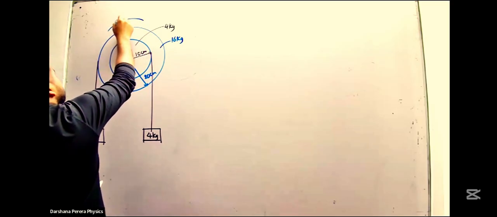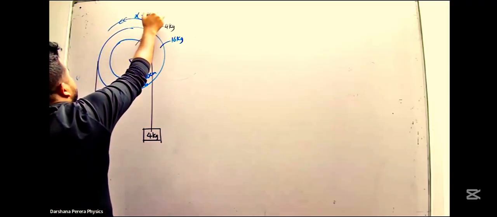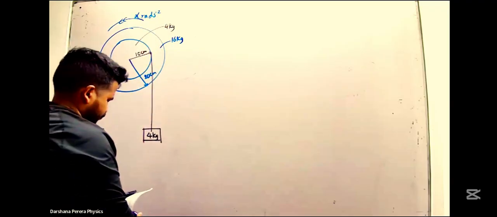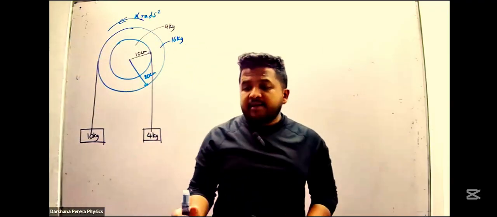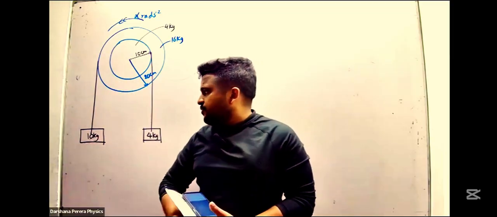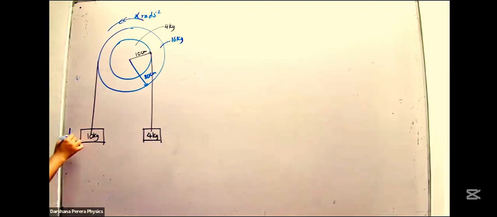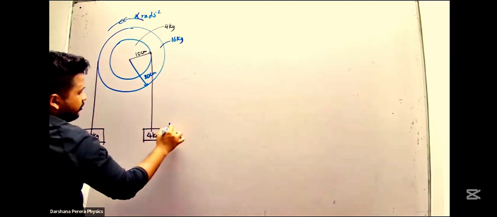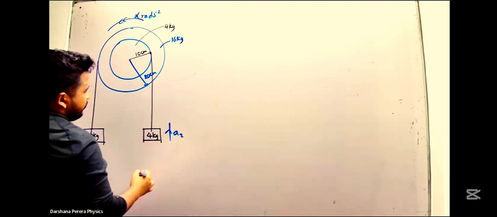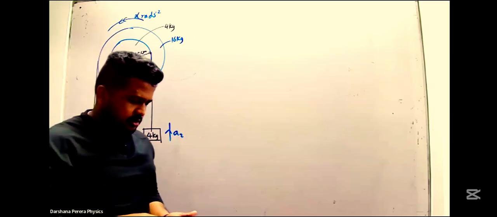It's this direction, no? Alpha, in rad s minus 2. We have to take the connection between these accelerations. It comes downward with A1 and goes upward with A2. Okay.